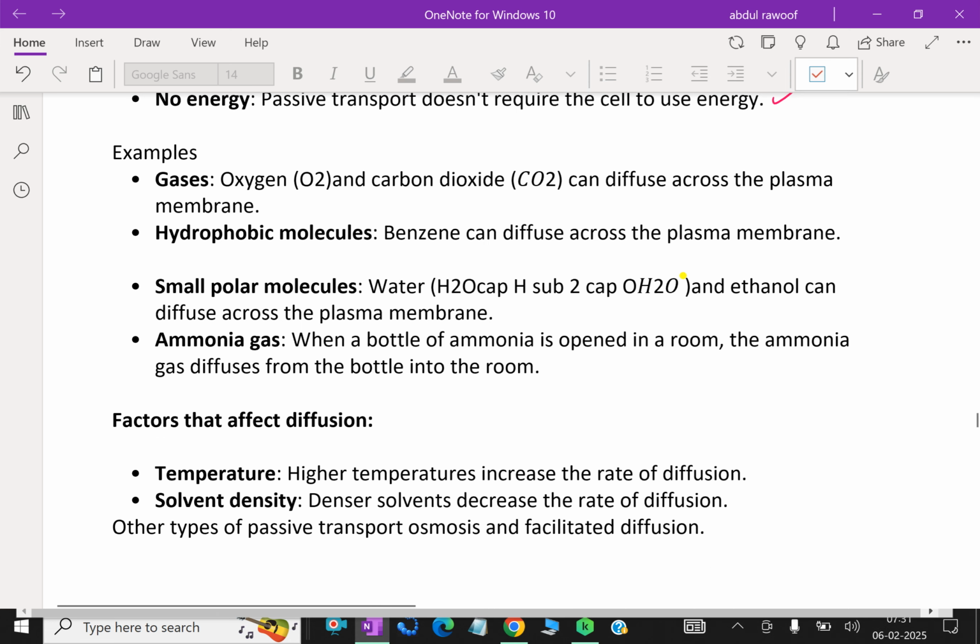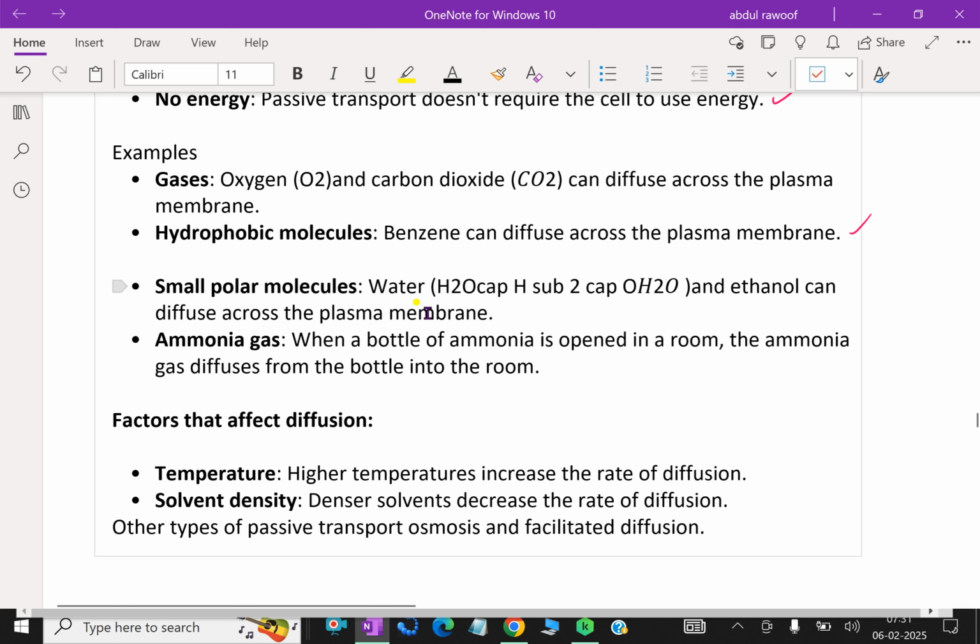For example, gases. Gases such as oxygen O2 and carbon dioxide CO2 can diffuse across the plasma membrane. Hydrophobic molecules like benzene can diffuse across the plasma membrane.